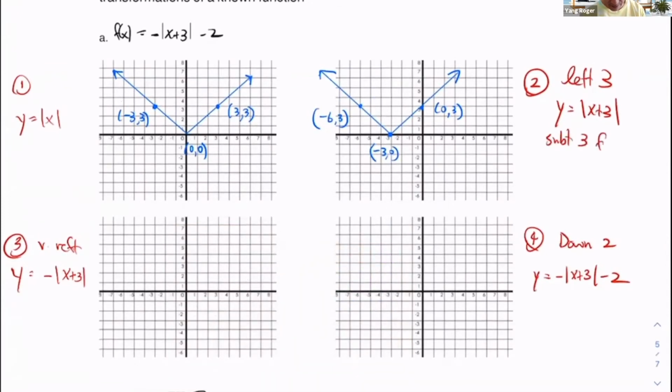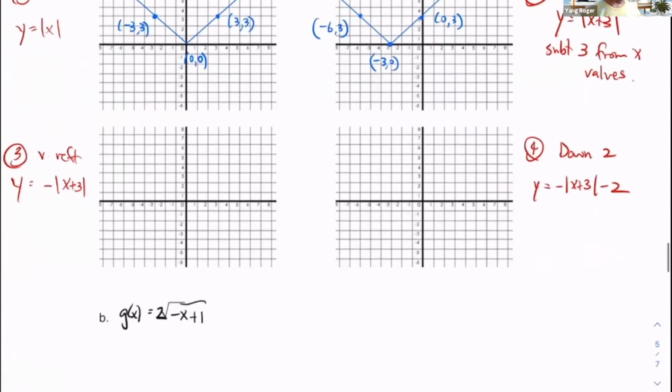Subtract 3 from x values. When I want to do the vertical reflection, I know you guys can eyeball it, but mathematically, what are we trying to do? We are multiplying y values by -1.